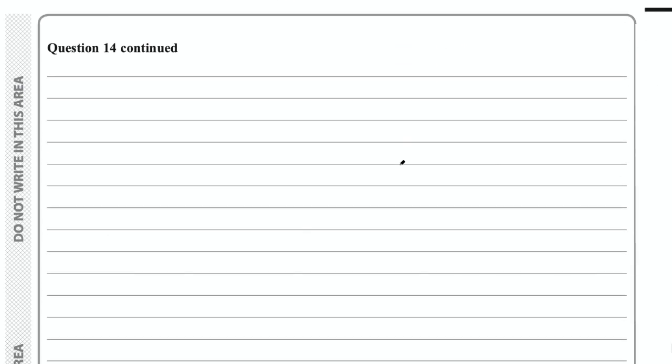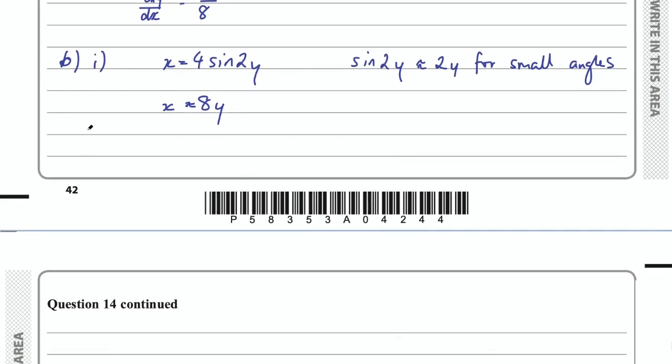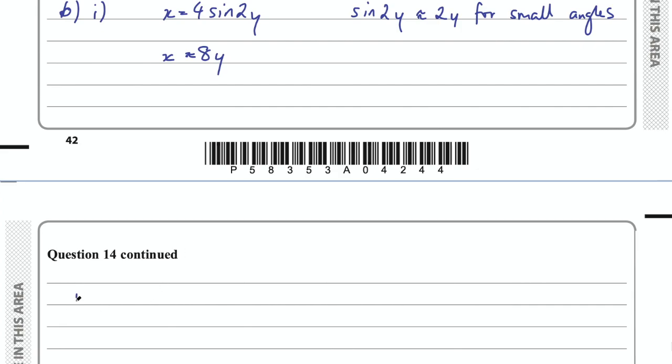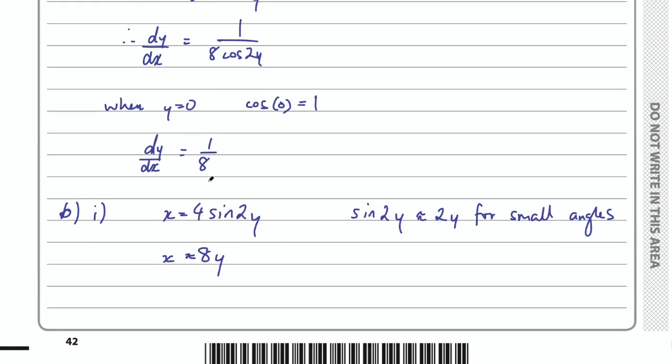So we could also rearrange this, actually let's go on to the next page. So for part 2, we have x equal to 8y, therefore it follows that y is equal to 1 on 8 x. So we have then a gradient around the origin, where y is small, of 1 on 8. And we also found that at the origin, the gradient of this curve is 1 on 8.